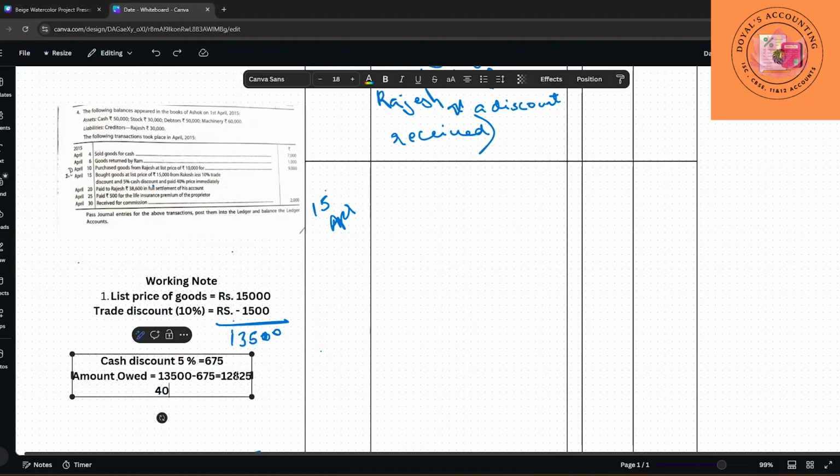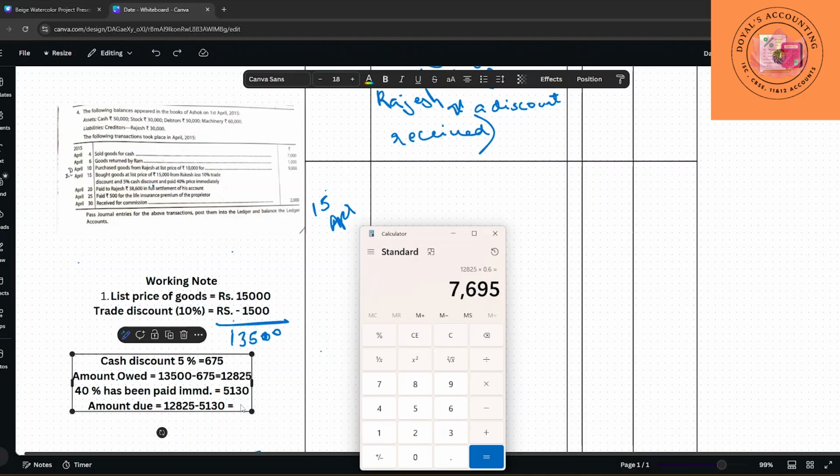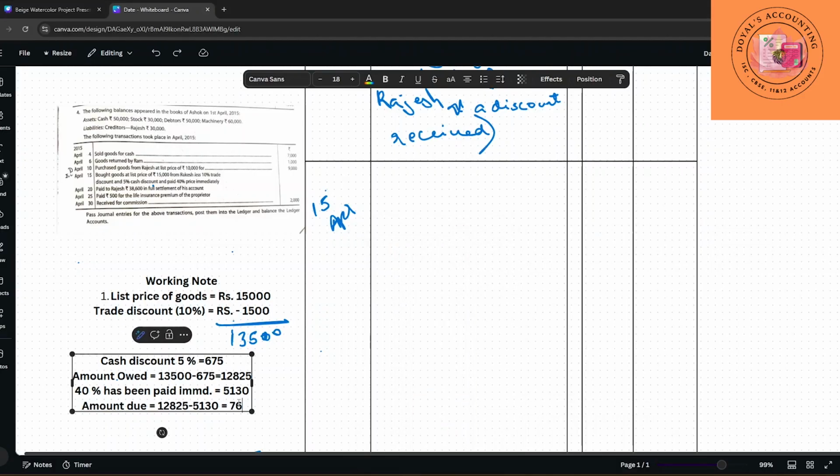And 40% has been paid immediately. Then the amount due will be 12,825 minus 5,130, which will be equal to 7,695.